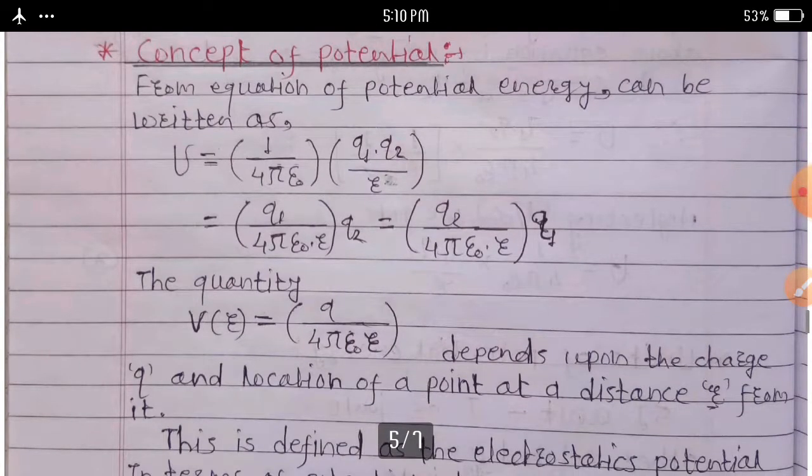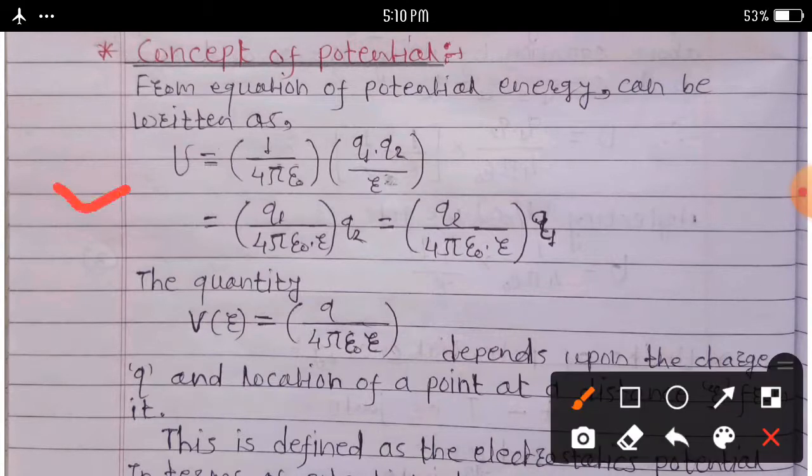Next concept we consider here is the concept of potential. From the equation, potential energy can be written as U is equal to 1 upon 4 pi epsilon naught into q1 q2 upon r. We can write this equation as q1 upon 4 pi epsilon naught r into q2, and another way we can write this is q2 upon 4 pi epsilon naught r into q1.